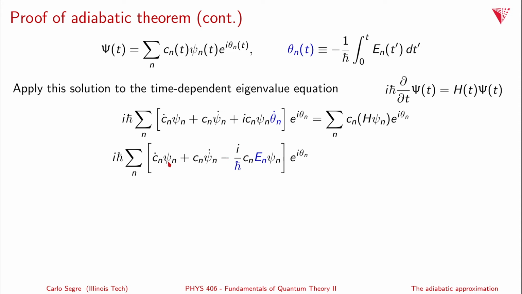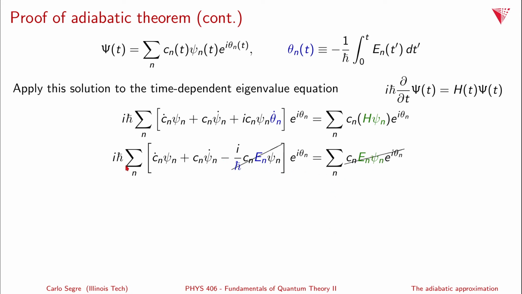So this term is the same, this term is the same, and this term now gives me minus i over h bar c sub n, E sub n, psi sub n. Remember, they all have time dependence. On the right side, when we apply the Hamiltonian to psi sub n, we just get the energy, E sub n, because this is part of the eigenvalue equation. These are eigenvalues of the Hamiltonian. Now, of course, E sub n varies with time as well as psi sub n.